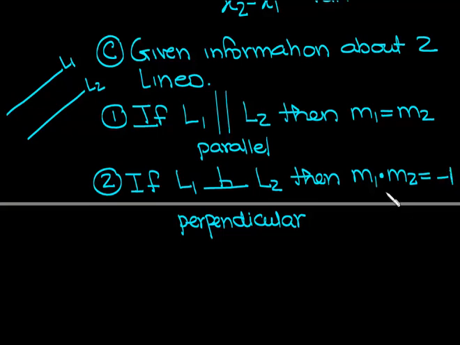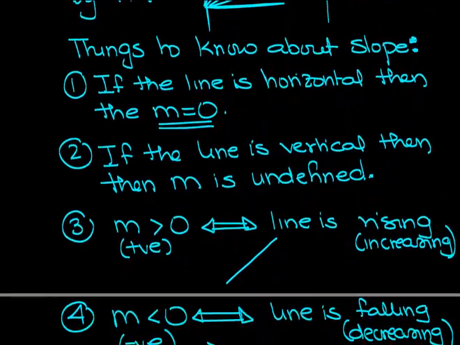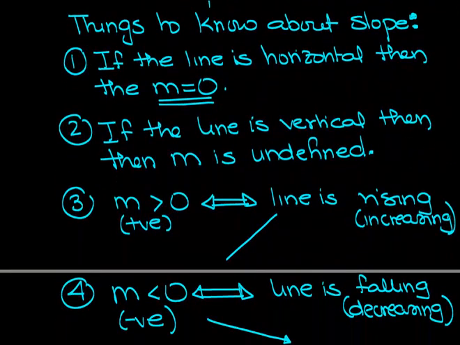A better way to look at this is to divide both sides by m2, so m1 is equal to -1 over m2. The slope of the first line is the negative reciprocal of the slope of the second line. So those are your three ways to find the slope. This is pretty much everything you need to know about slope. If the line is horizontal, the slope is 0. If the line is vertical, the slope is undefined. And you can see why that is.